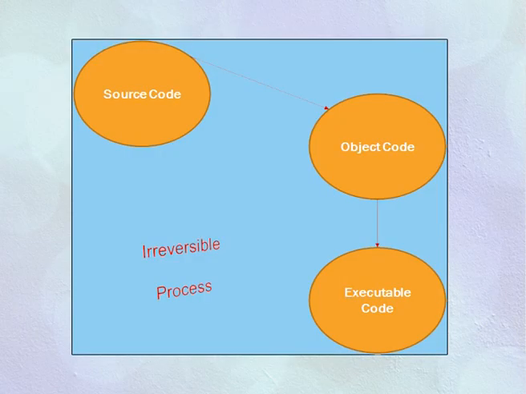Now, if I ask you what is a software, you will say a software is a set of programs. And what is a program? A program is a set of instructions. If I ask you what is an instruction, then you will say an instruction is a command given to computer. So, how is a software program developed?